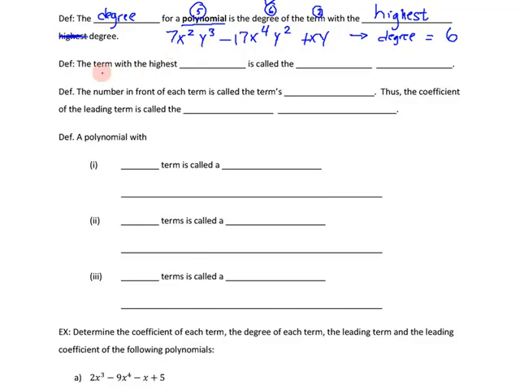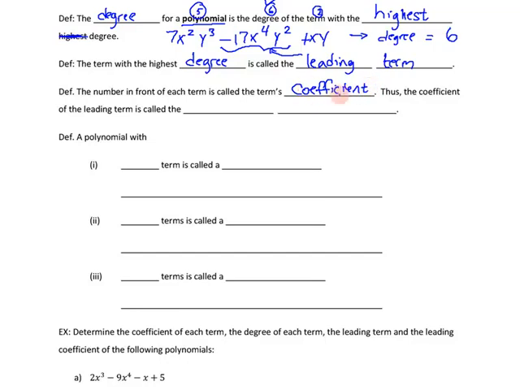Now we always call the term with the highest degree the leading term. So in our case, the leading term would be right here. Now the number in front of each term, like the 7, the negative 17, and the positive 1, is called the term's coefficient.